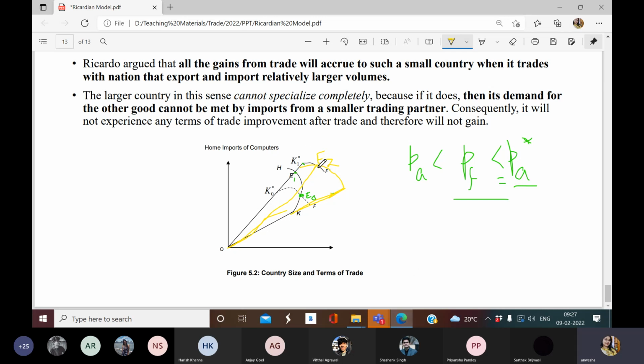Then what will happen? The post-trade terms of trade will lie strictly in between the pre-trade prices of both the countries. This is no longer equal, right? Isn't it? OE2 will lie in between the autarkic prices of both the countries, right? So are both the countries gaining?